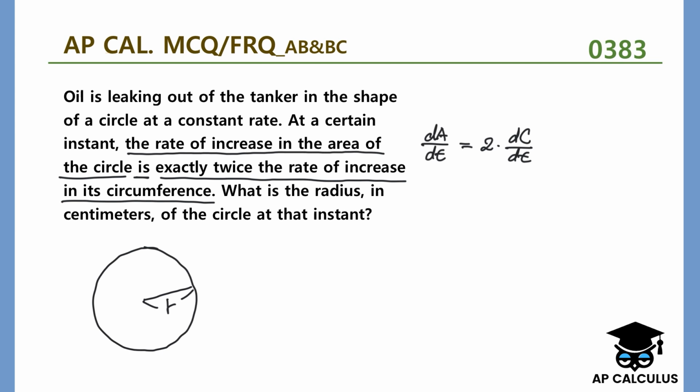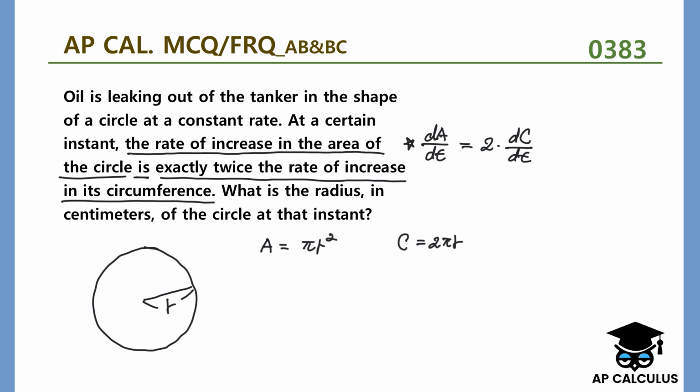The question is, what is the radius in centimeters of the circle at this time? The area of a circle, A, is equal to pi r squared, and circumference is equal to 2 pi r. We all know this.